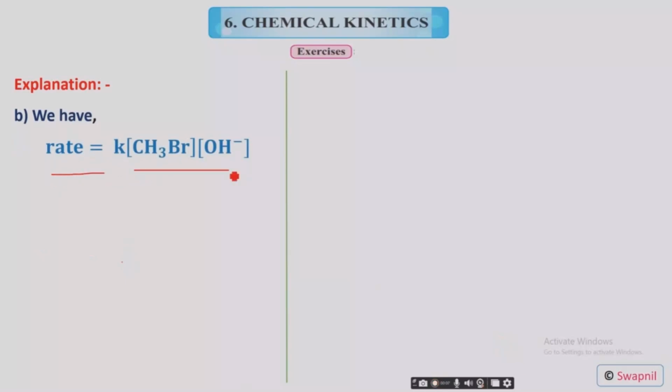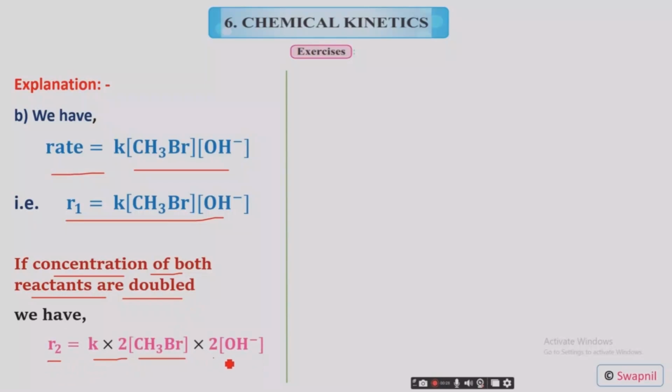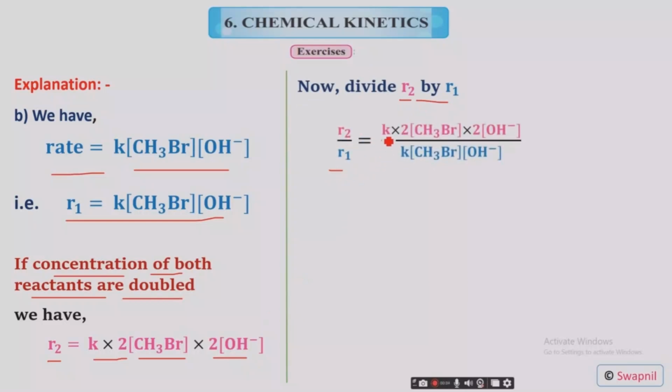Now part B, we have again rate is equal to K into concentration of CH3Br into concentration of OH minus ion, that is R1 is equal to K into concentration of CH3Br into concentration of OH minus ion. If concentration of both the reactants are doubled, then we have a new rate law, that is R2 is equal to K into 2 into concentration of CH3Br into 2 into concentration of OH minus ion. Now again divide R2 by R1, then we get R2 divided by R1 is equal to K into 2 into concentration of CH3Br into 2 into concentration of OH minus ion whole divided by K into concentration of CH3Br into concentration of OH minus ion.